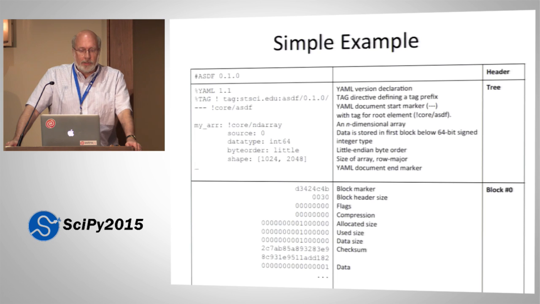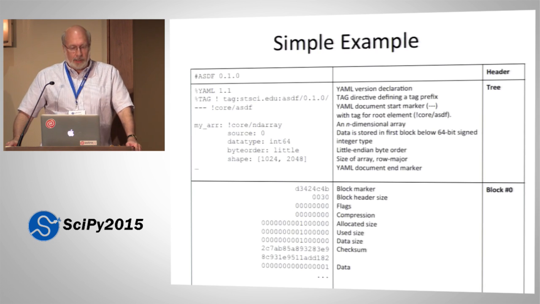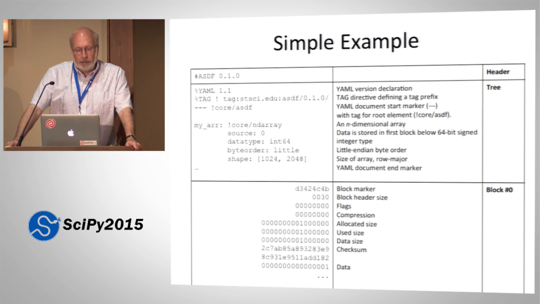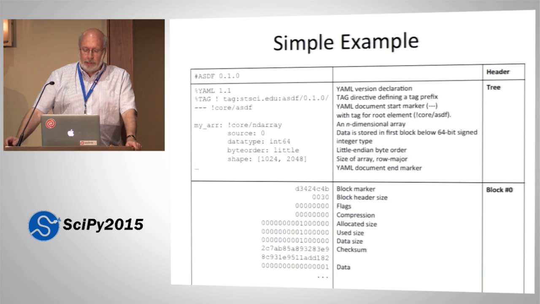You see the delimiters for YAML, the dashes and the periods at the bottom. What follows is a binary block, which starts with a small binary header, and at the end of that header, the data would be contained in the rest of the block.